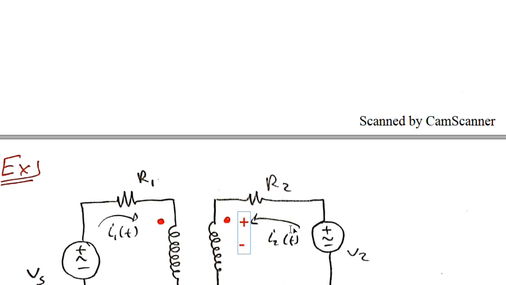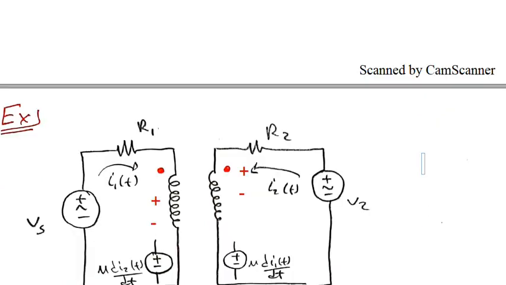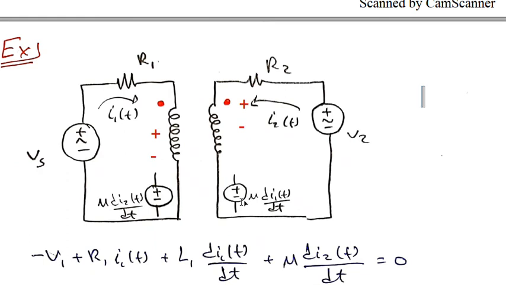So what's happening? The current is coming, entering the coil. So if it is entering, the mutual dot must have positive at the bottom, negative. Positive, negative. Okay, let's check. Positive, negative.